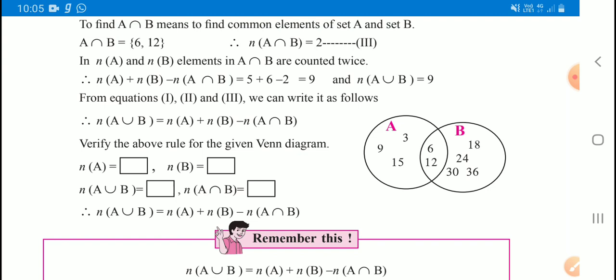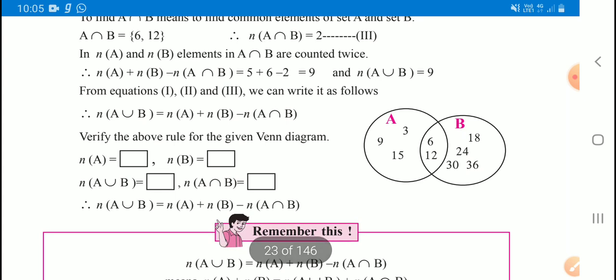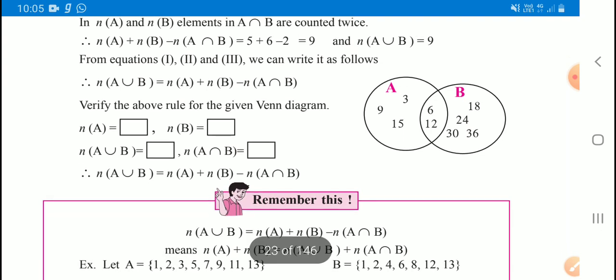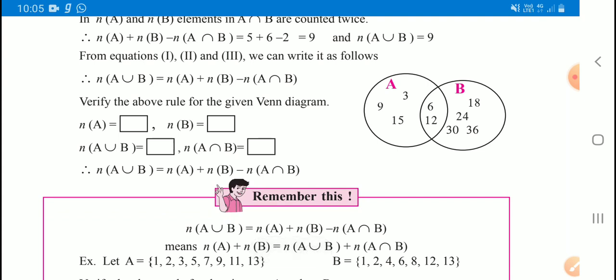Means n of A plus n of B minus n of A intersection B is equal to, look, 5 plus 6, 11, minus 2, 9. 9 means these are the elements of A union B. So by this we get the formula: the number of elements in the set A union B is equal to the number of elements in set A plus the number of elements in set B minus the number of elements in A intersection B. So we can write the formula as n of A union B is equal to n of A plus n of B minus n of A intersection B.